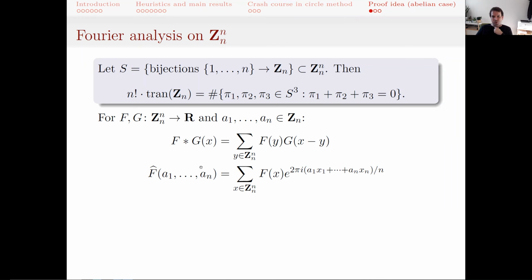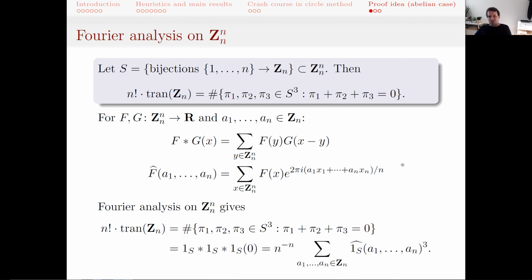So again, we define convolution. We also define Fourier coefficients. So these thetas that we've seen in this example from analytic number theory are now replaced by these n-tuples of elements from Zn.